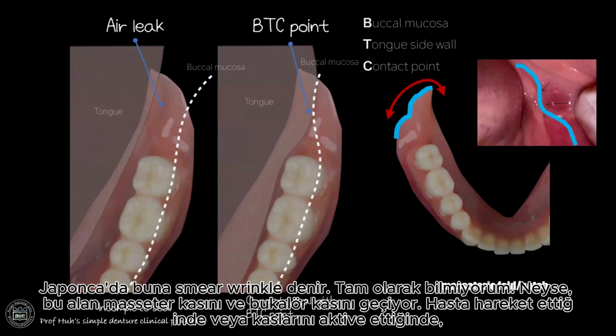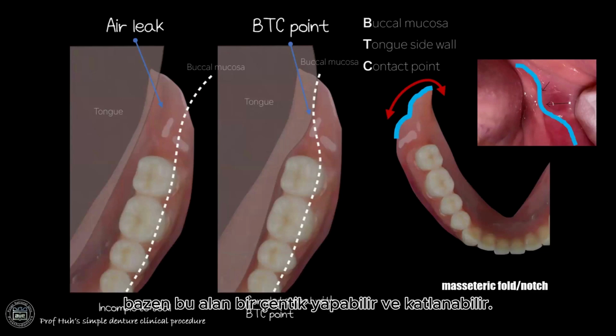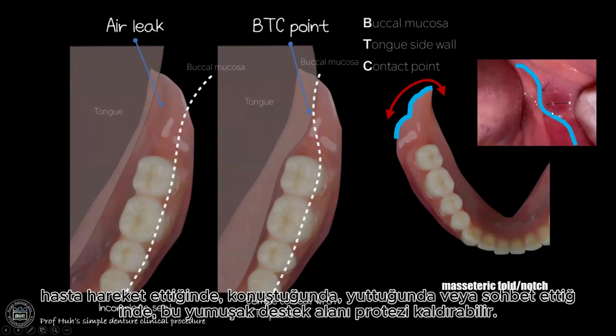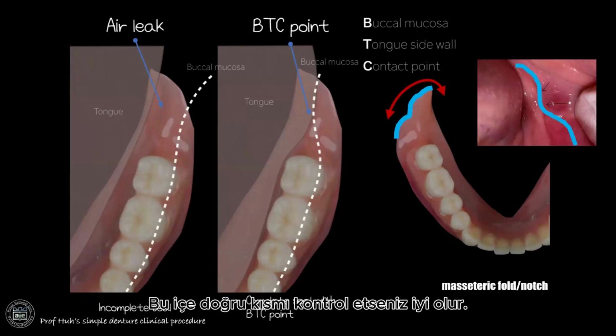masseter muscle and buccinator muscle, right? Because when the patient moves or activates their muscle, sometimes this area could make a notch and fold. So if the retromolar pad area extended or covered this part, when the patient moves or speaks or swallows, at that time this supporting area could lift the denture.